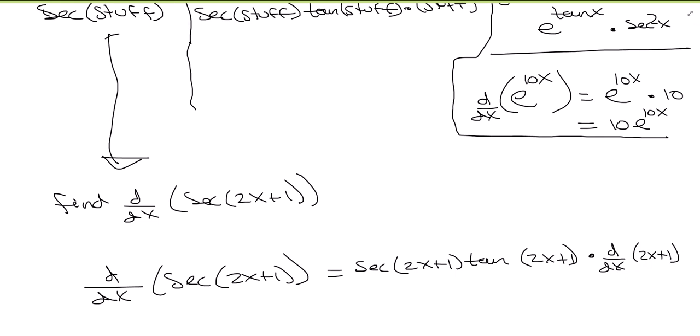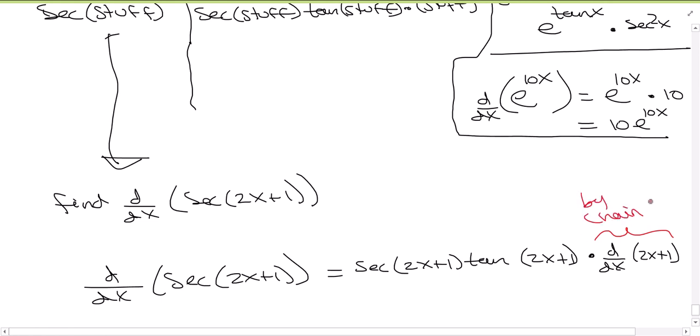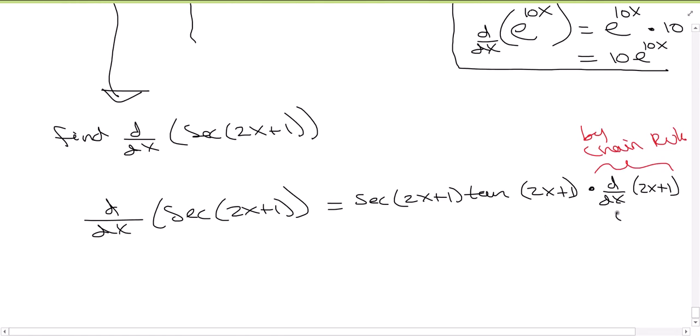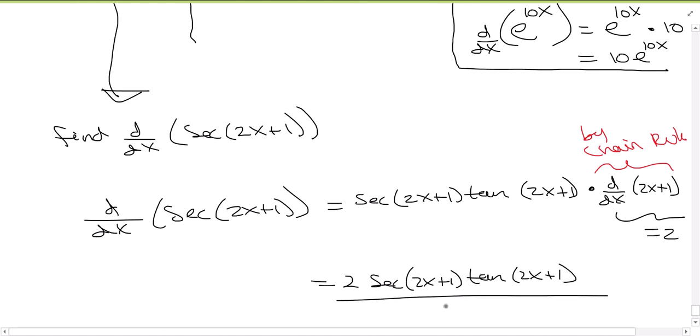And so this part is the chain rule, doing the derivative of the inside. And so when you rewrite it, the derivative of this is 2. So then I can say 2 secant 2x plus 1 tangent 2x plus 1. And that will be my derivative.